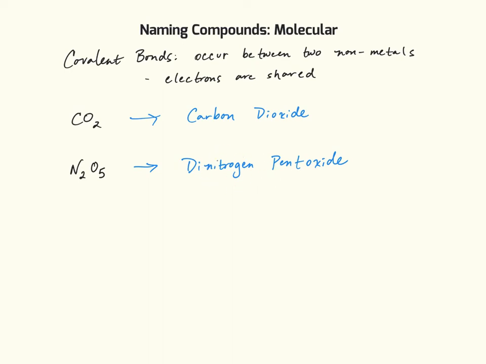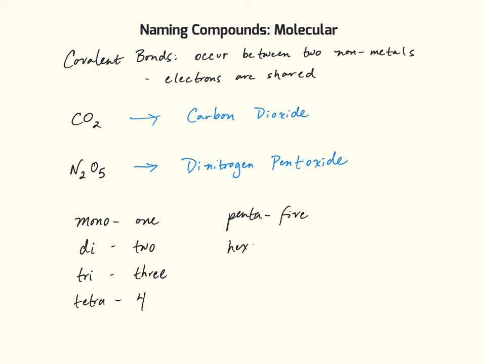Now we have several different prefixes. I'll write a few out here. The first one, mono, that means 1. Di means 2. Next we have tri, which is 3. We have tetra, which is 4. Penta, 5.